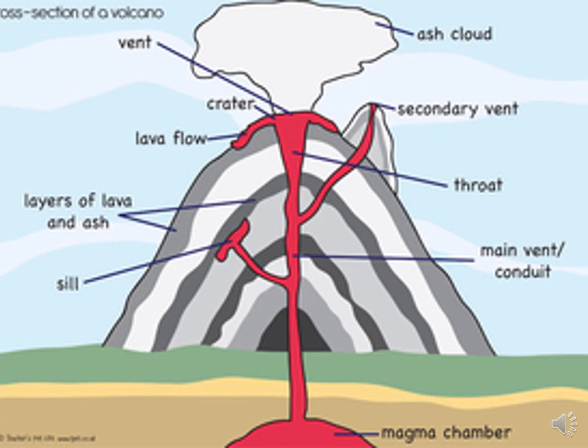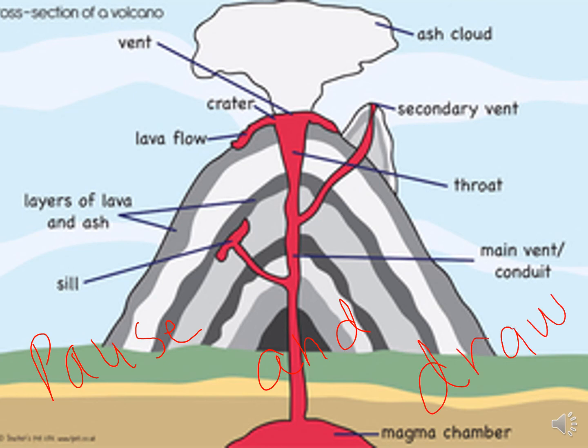So here is a cross section of a volcano. You have to understand this, so please pause the video. You gotta pause and draw. Okay? Pause and draw. I have to see this inside of your notes. So we have the ash cloud, we have the secondary vents, we have the throat, we have the main vent, also known as the conduit, and the magma chamber.